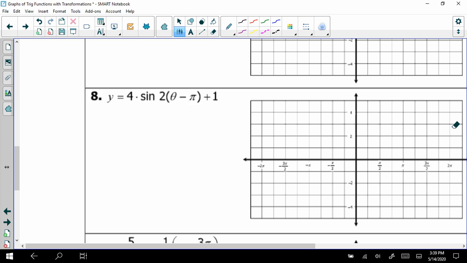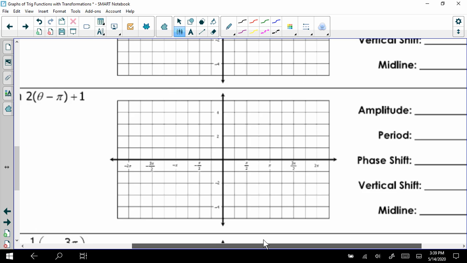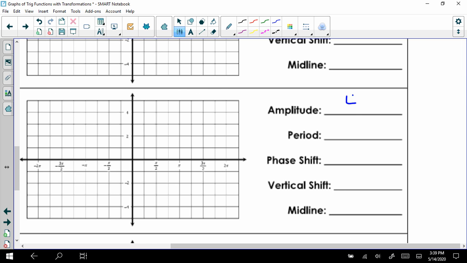All right, so number 8, your A is 4. Your B is 2. See, this is the first one where my B is not 1. C is pi. And D is 1. So notice I have 4 transformations here. My amplitude is going to be 4. The period is going to be cut in half.